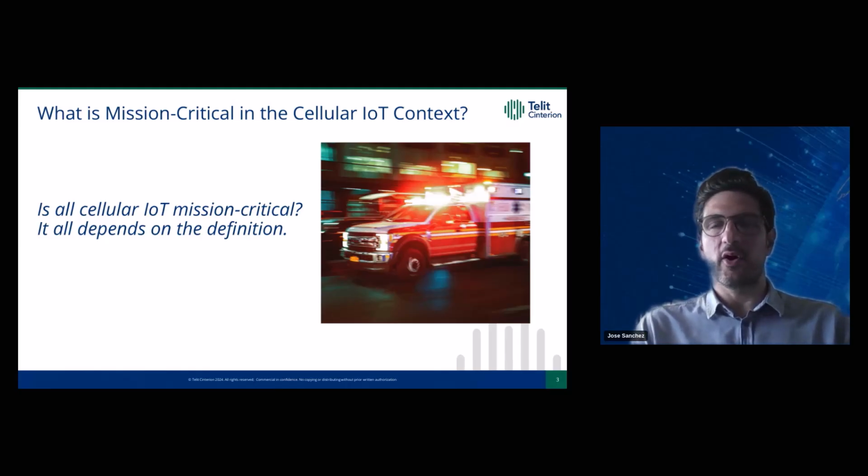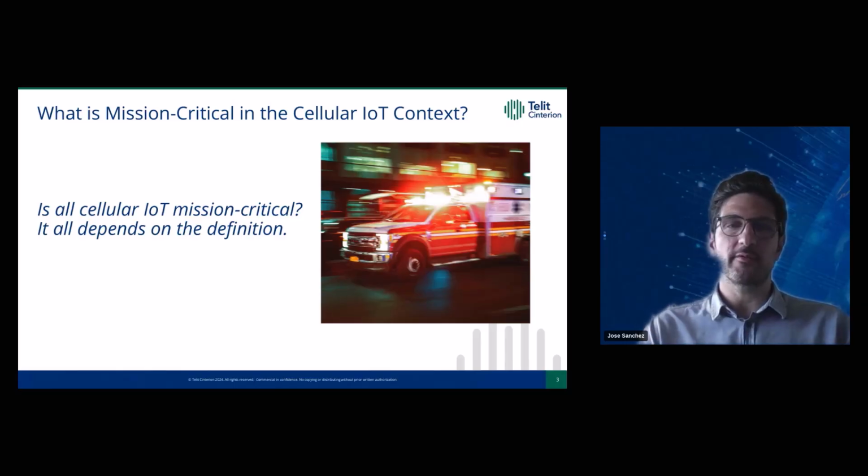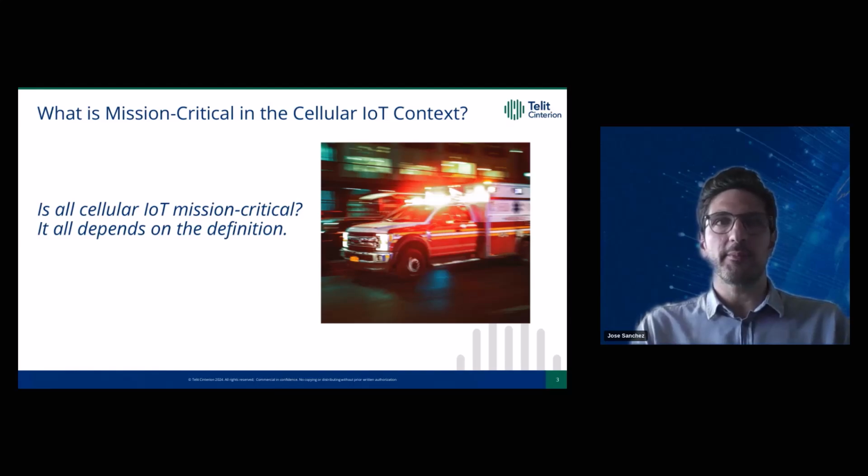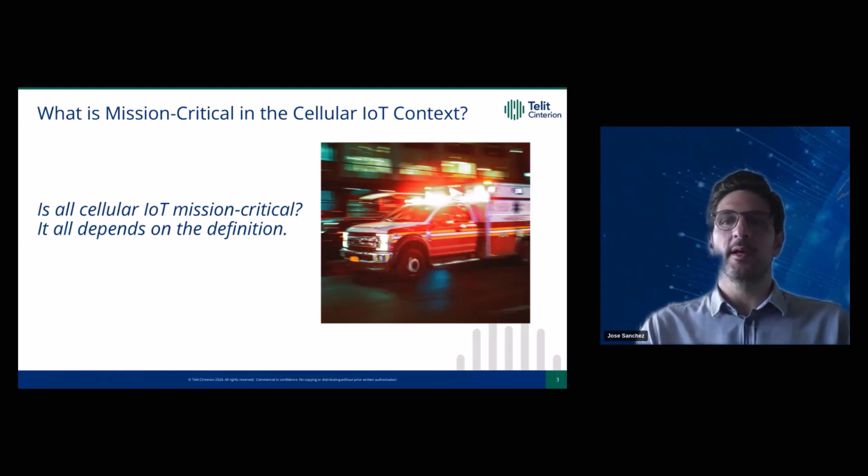There are obviously applications that are considered by the majority of the market as mission critical, like monitoring of critical infrastructure, for instance energy and utility applications, monitoring of oil and gas infrastructure, for instance pipeline monitoring, smart city applications, and other applications like first responders and public safety applications.